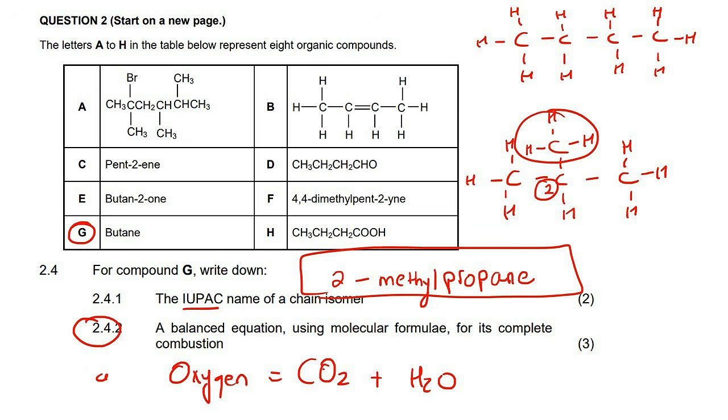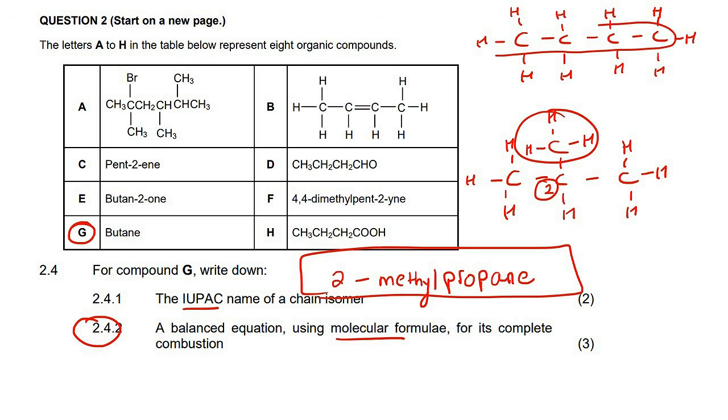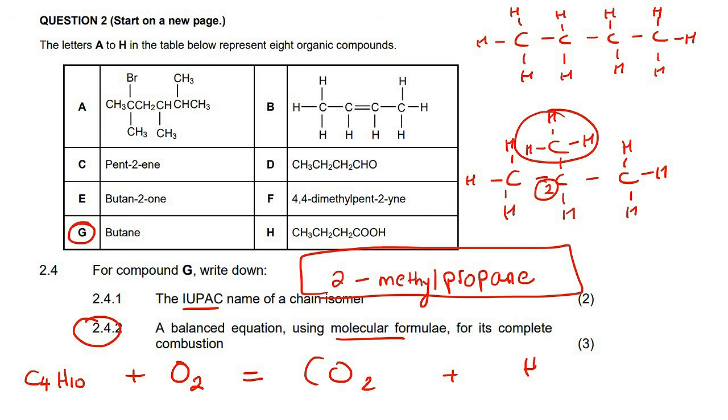So for compound G, remember that, butane, they want us to use molecular formula. If you look at butane, it's got 4 carbons, and if you count, it's got 10 hydrogens. Then you're just going to say plus oxygen, which is diatomic, so it's O2. Then you're just going to say CO2 plus water.